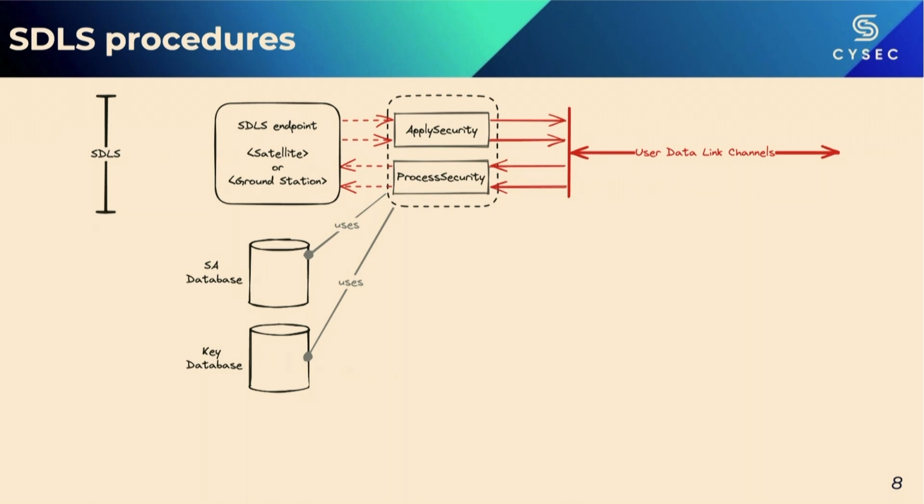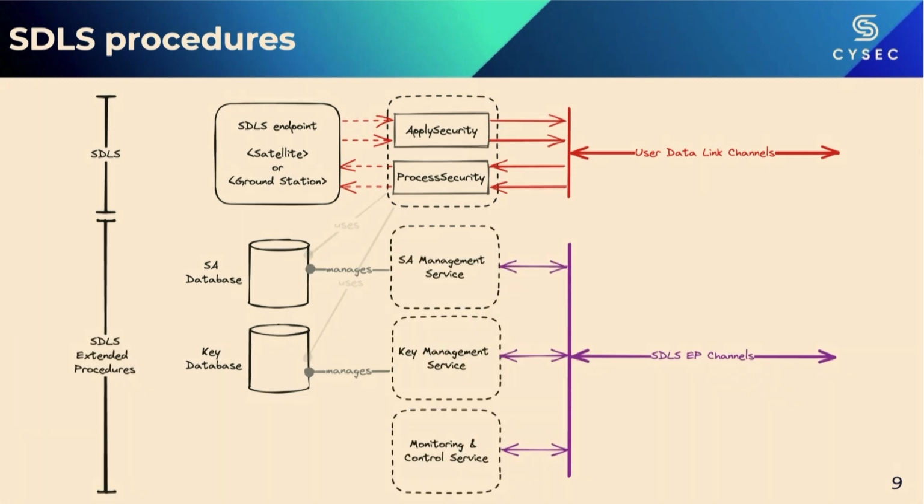SDLS is complemented by a series of extended procedures. So this is an optional extension of the standard, which provides us with management capabilities of the secure channel. And we have three more services which are grafted onto this. So we have an SA management service, which allows us to directly control the SA database. This provides functions to start and stop security associations, to rekey them, to delete them.